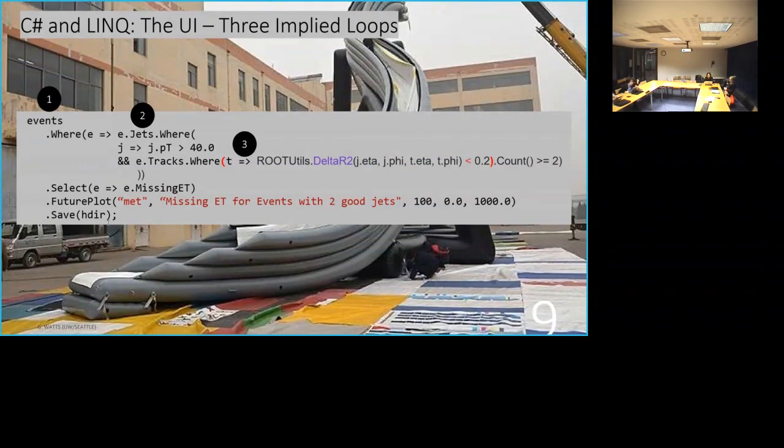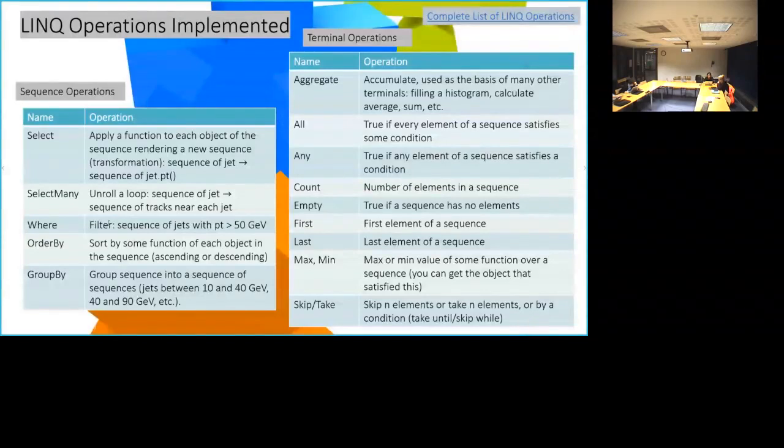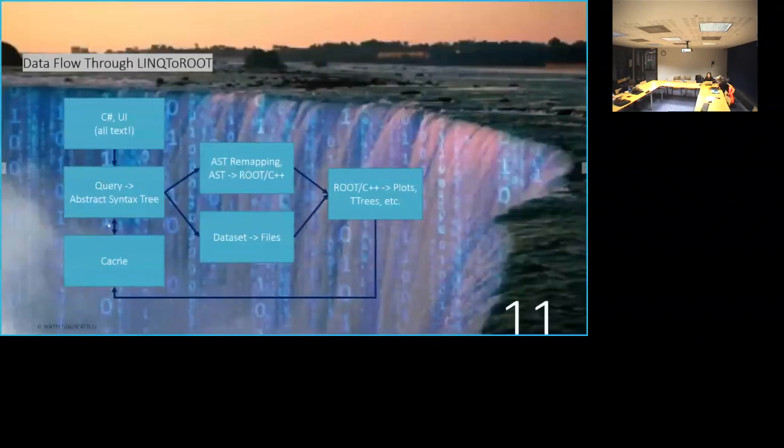And there have been many computer science theory papers written about what sets of operations you need on sequences in order to be able to do everything that you'd want for manipulating that kind of structured data. And it turns out in an actual analysis, at least the ones I've done, which is a very small subset of all possible analyses, these were the operations that I needed. But I will leave them for you to take a look at later.